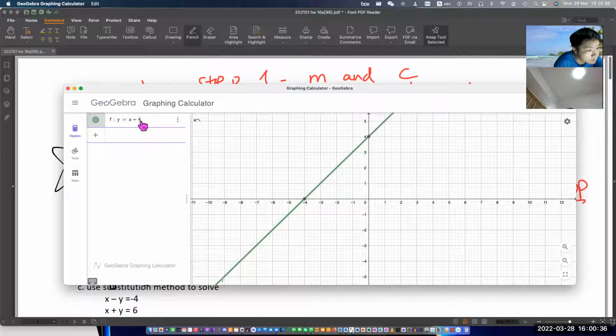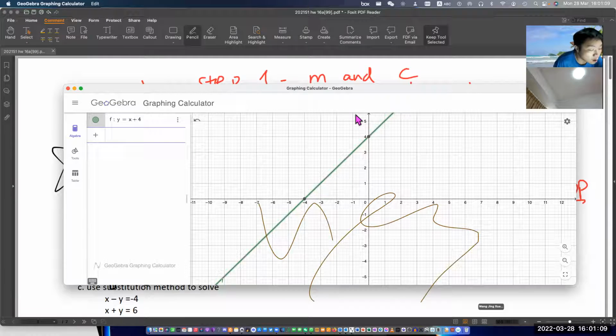After today, you shouldn't have any problem graphing any equation using the GeoGebra app. All you need to do is just key in this equation, or whatever equation you are given, into this box, and then press enter, and then you get the graph. Clear? Okay, good.